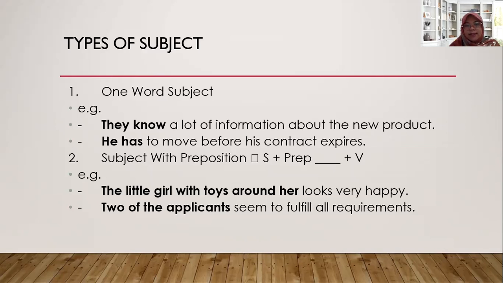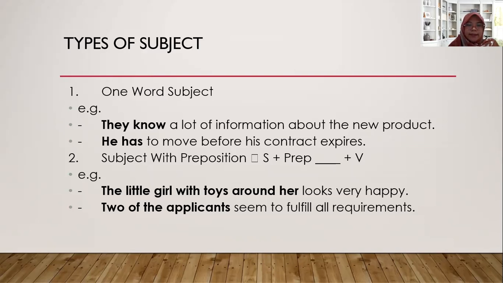And then the second is subject with preposition, a little bit longer than a one word subject. So it contains a subject, preposition, and verb. Look at the example here. The little girl with toys around her looks very happy. What I bolded in the sentence is the whole subject, so it is longer than a one word subject, of course. The little girl with toys around her is singular, so we need to put s in the verb: looks very happy.